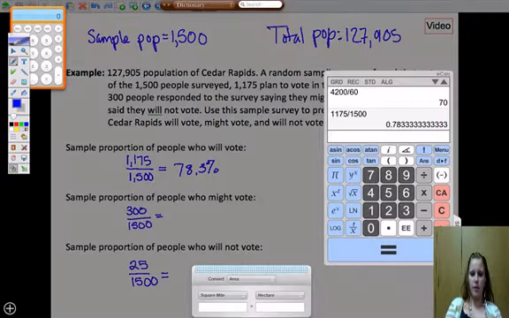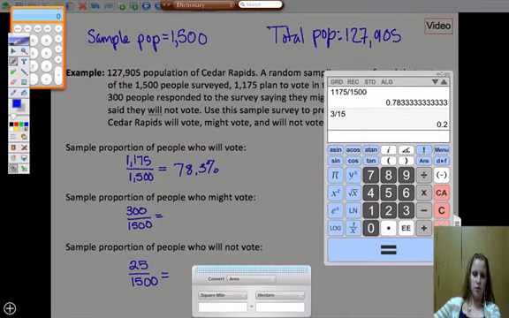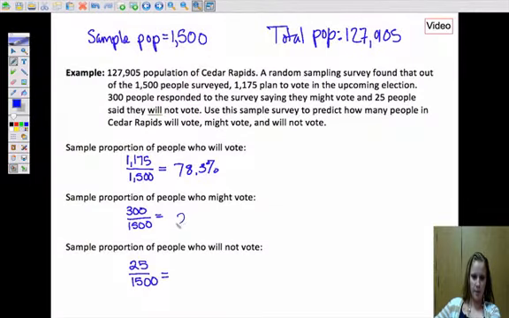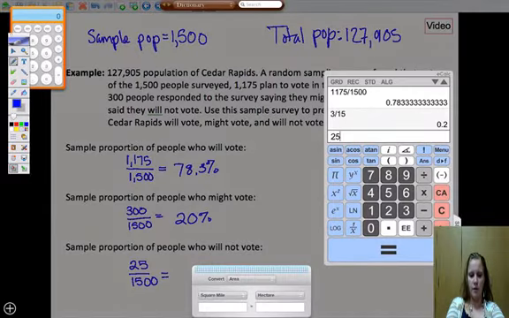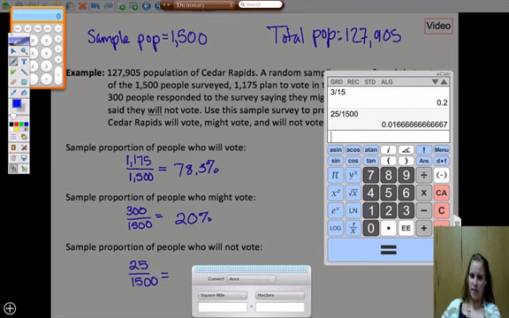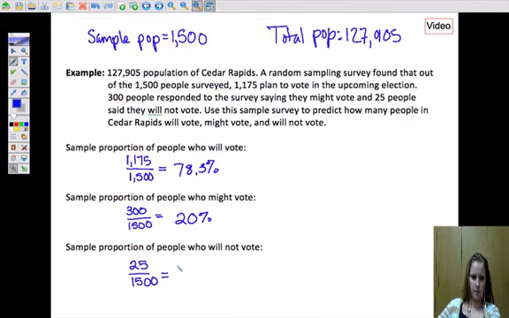If we take that 300, which is just 3 divided by 15, then that's 20%. And if we take that 25 divided by 1,500, then we have 1.6%. And we'll make it 1.7% so that we match up.